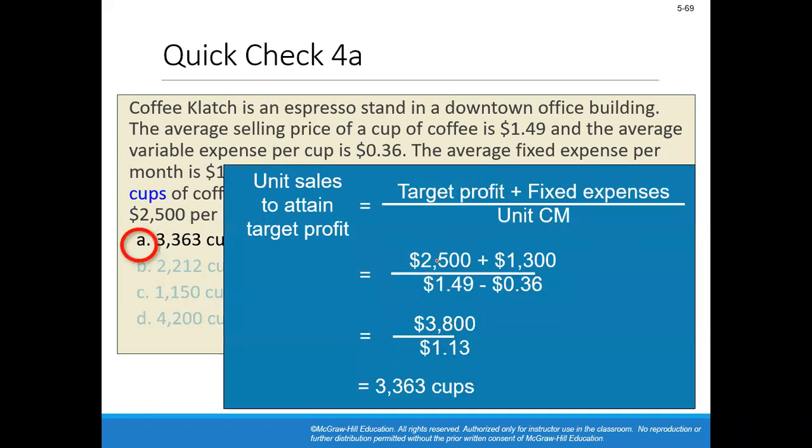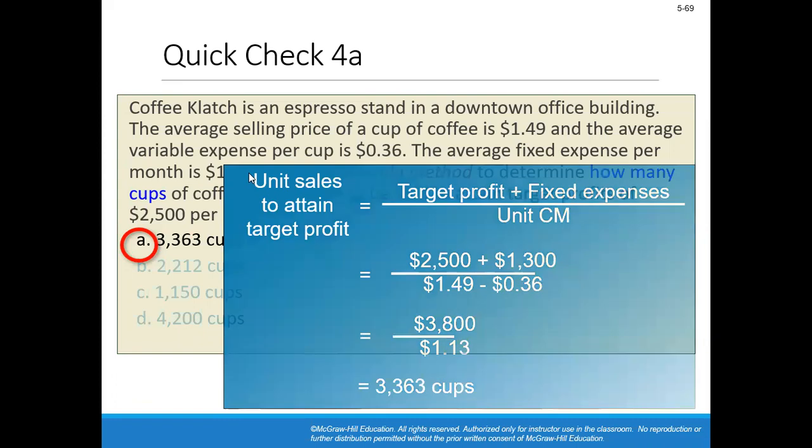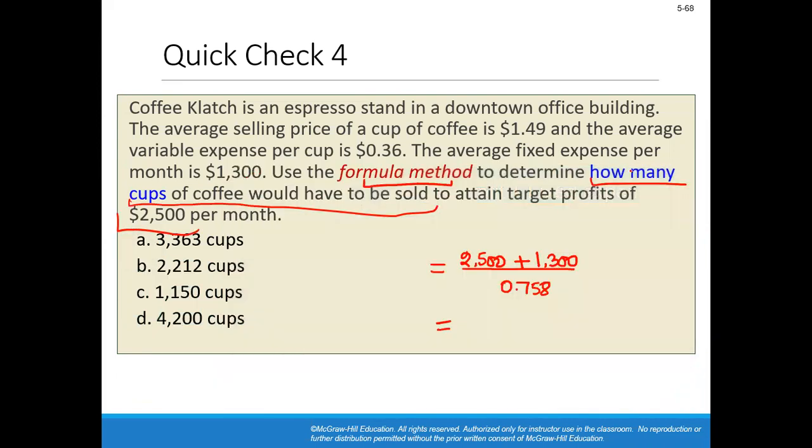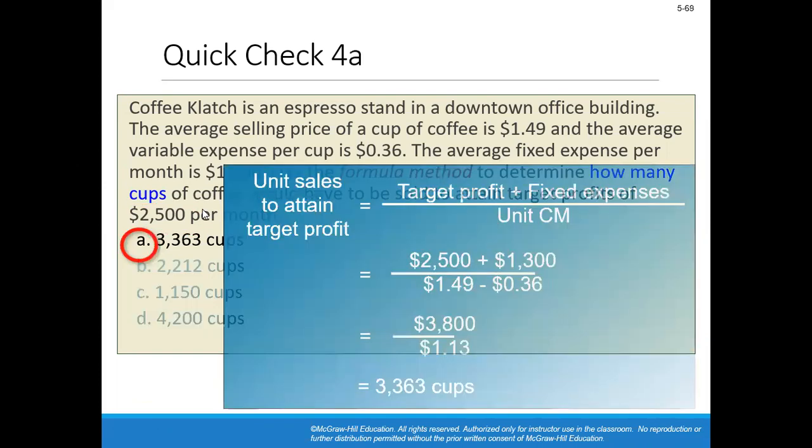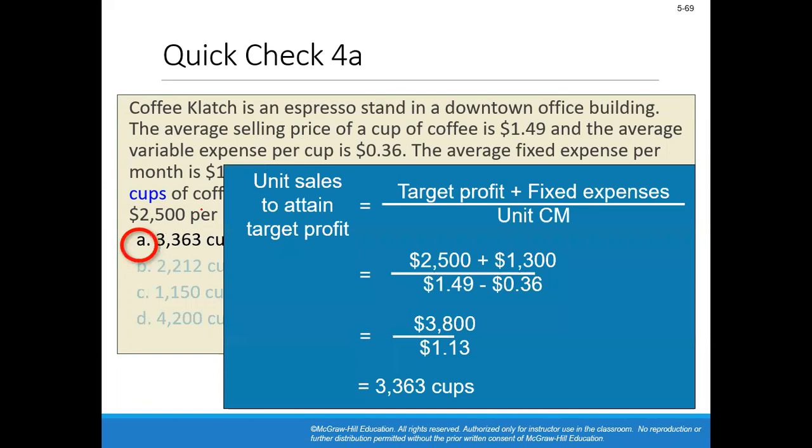Okay, so what has been done here? The question is in terms of how many cups of coffee.